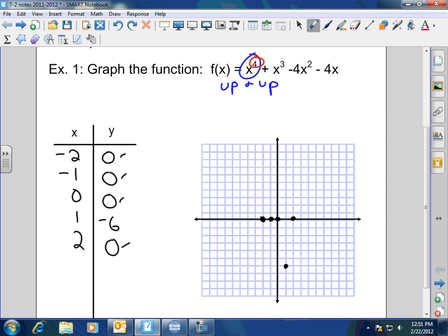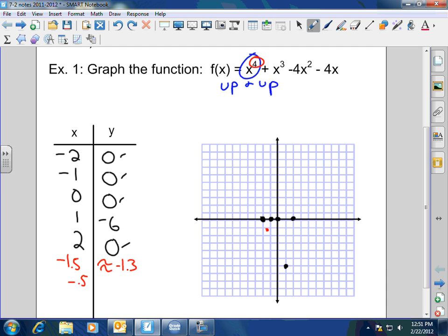What's a point between negative 2 and negative 1? Negative 1.5. When I put in negative 1.5, I'm going to get roughly, approximately, negative 1.3. So at negative 1.5, I got negative 1.3. It's about right there. Now, between negative 1 and 0, what's a value in between those two?